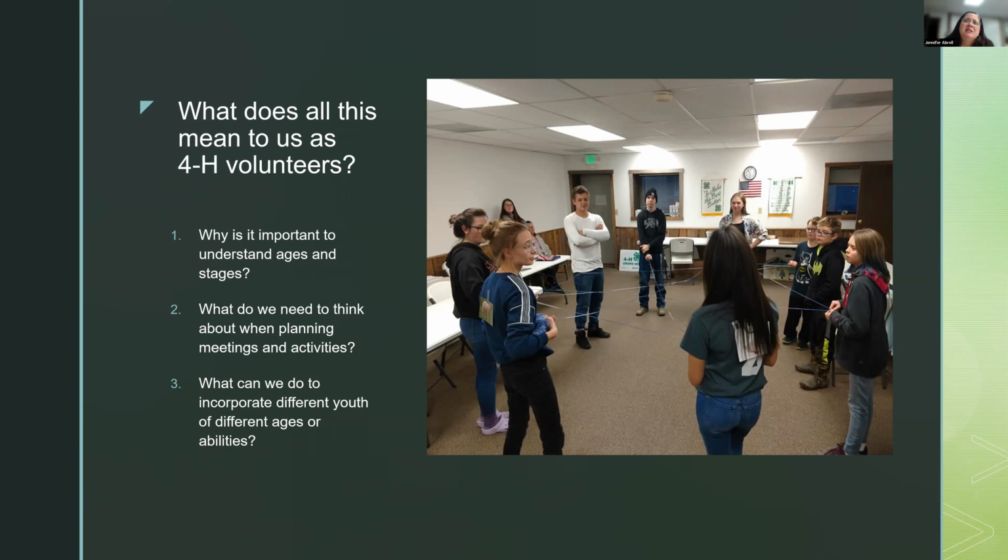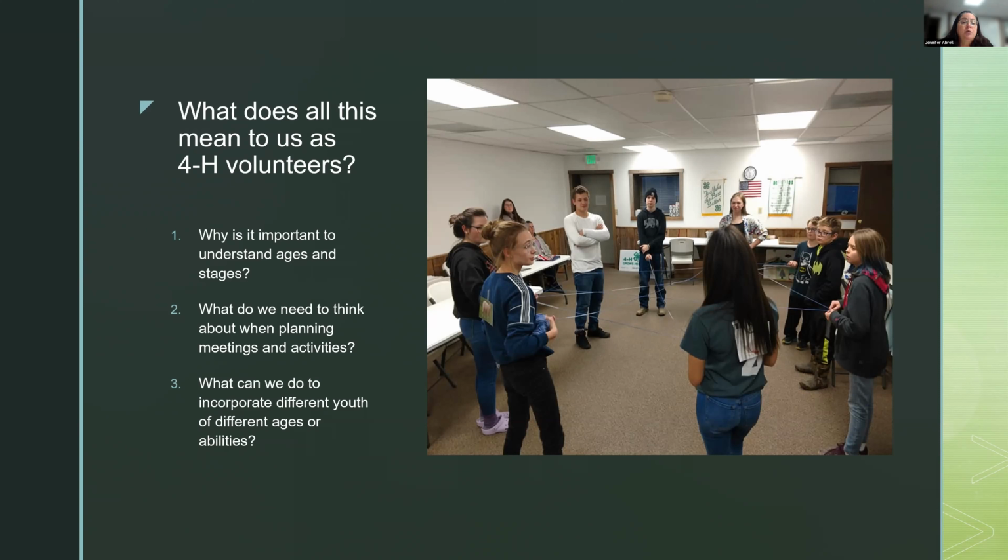So none of this is a big surprise, but I think why we want to put it in front of you is that we remain mindful and don't slip into thinking, oh, I'm going to do this activity and we've got to do it this way because we've got to reach this goal, because you're going to have 6, 7, 8-year-olds in first, second grade in the same room doing activities together with kids that are 14, 15, 16 years old.